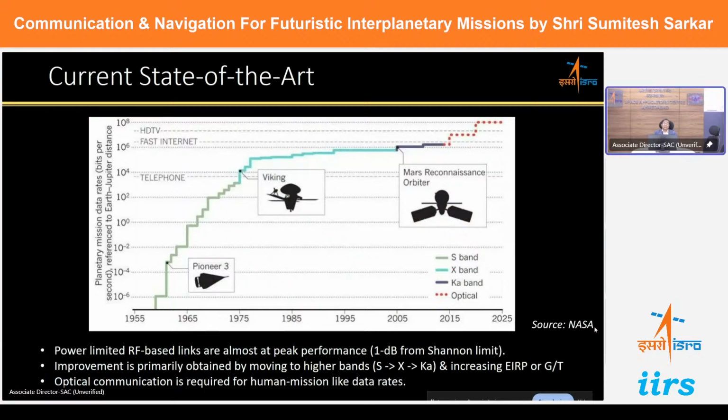The quality of link which they had was sufficient to support telephony kind of signals. But beyond that, we now have fast internet and even HDTV, all high data rate signals, which can also be seen in the ISS and other types of space missions, and distress missions also, like the Mars Reconnaissance Orbiter.